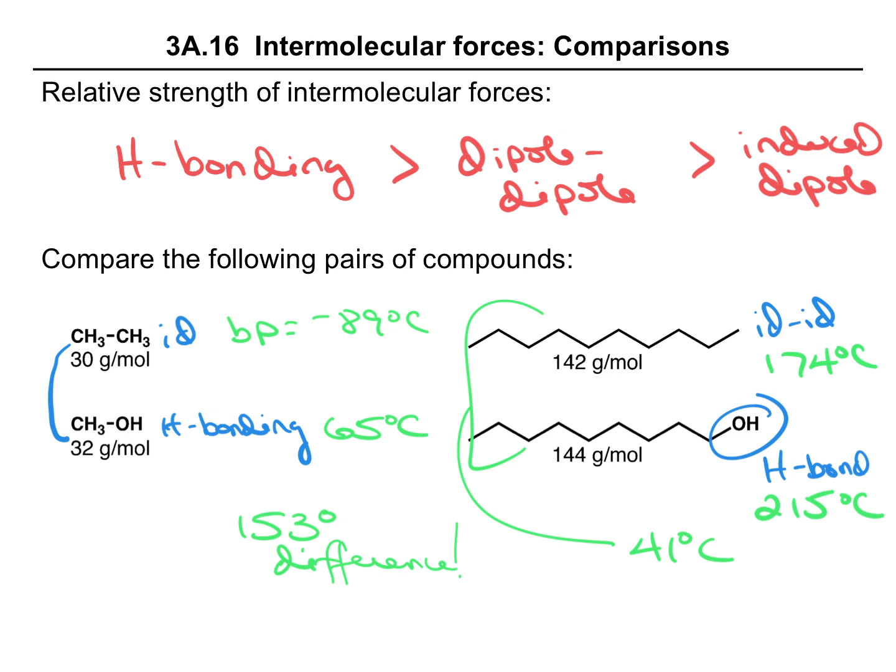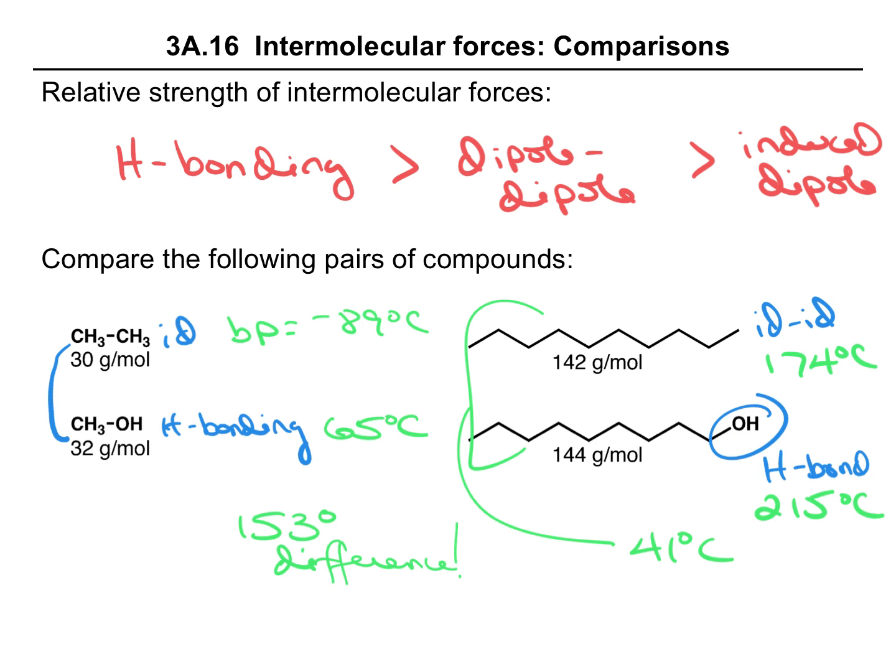So now we have defined the different types of intermolecular forces, and we've seen some examples of making comparisons. So we need to keep in mind the relative strength of intermolecular forces, and we also have to consider the different things that impact the strength of intermolecular forces, especially when we're talking about induced dipole interactions. So if you are asked to predict the relative boiling points, for example, or to predict whether something will be soluble in water or soluble in an organic solvent, then what you want to do is take a look at the compound and identify what type of intermolecular forces is possible.